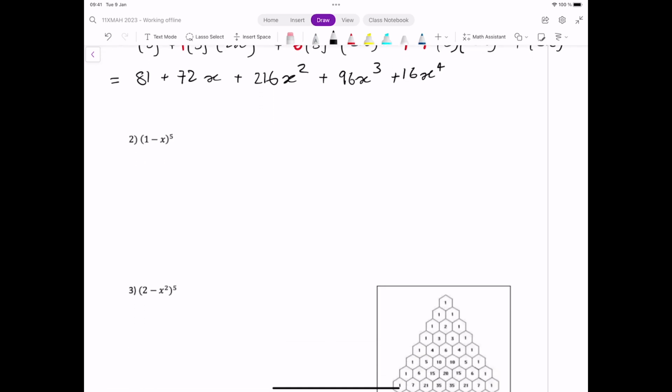Okay, this one here is quite similar, except we're going to have a negative. Now we should note that the fifth row of Pascal's triangle is 1, 5, 10, 10, 5, 1.